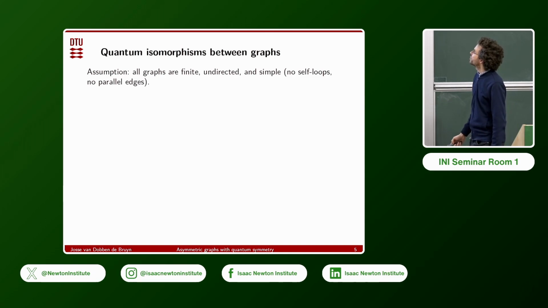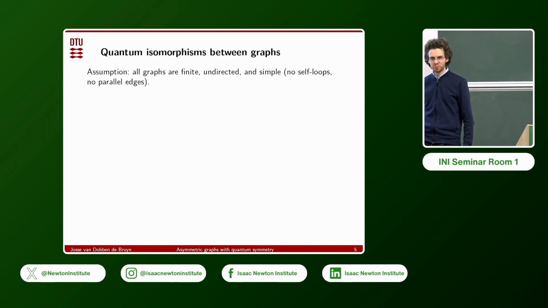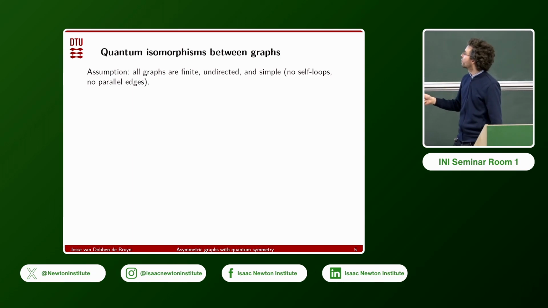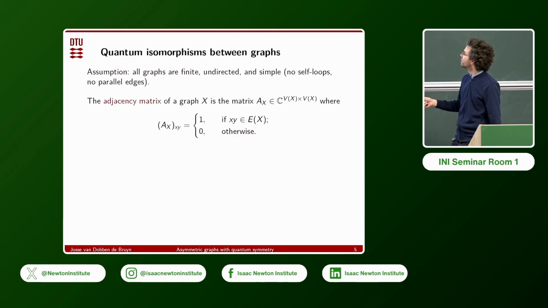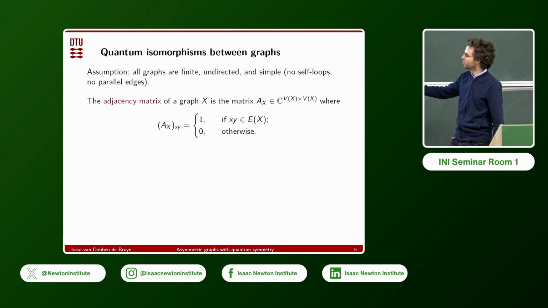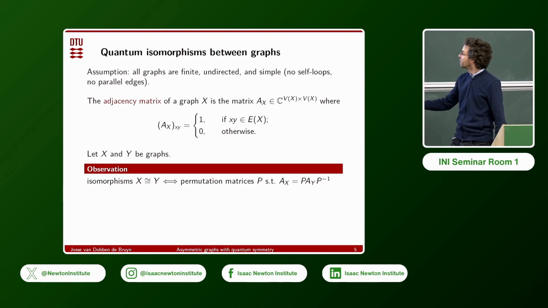And now the definition of quantum isomorphism between graphs, before I go to the motivation. I'm going to assume here that a graph is finite, undirected, and simple. And the adjacency matrix is just a 0, 1 matrix A, where the xy-th entry is 1 if there's an edge and 0 otherwise.